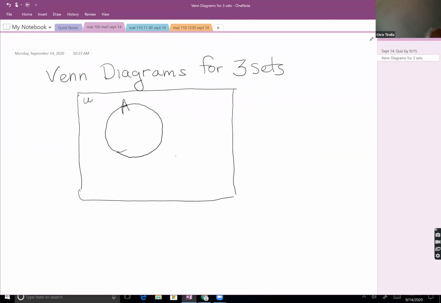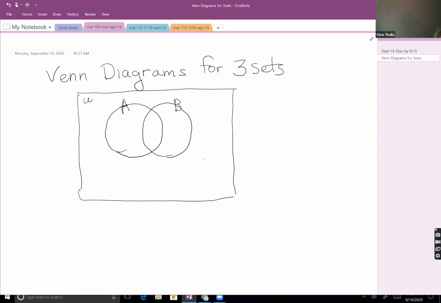With 2 sets, if my second set is B, we're going to have the loop for B overlap. Because remember, last week we said we have to leave room for things that are only in A. We have to leave room for things that are only in B. And we have to leave a space for the intersection of the two, things common to both, in addition to complements, things that are outside of both.